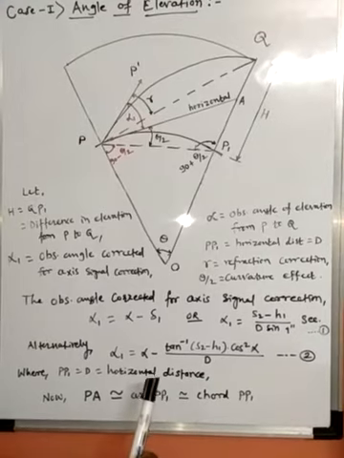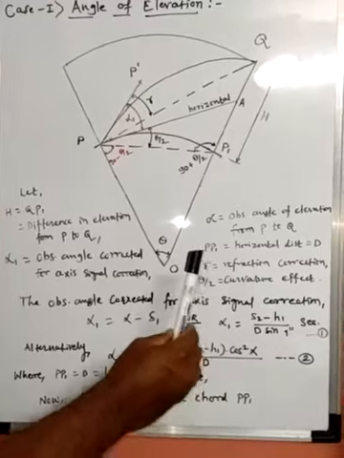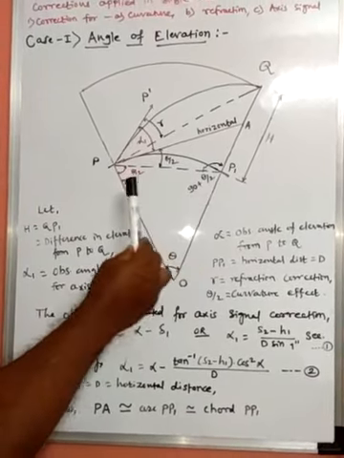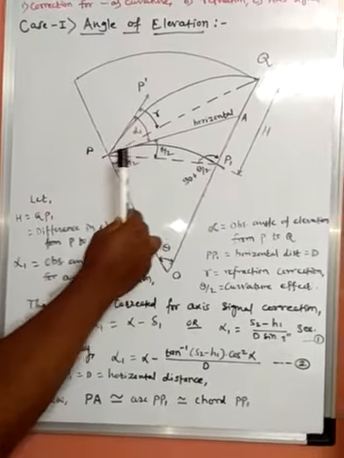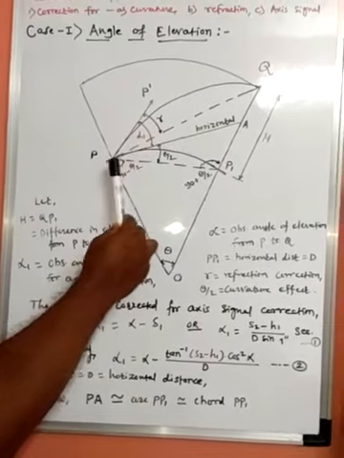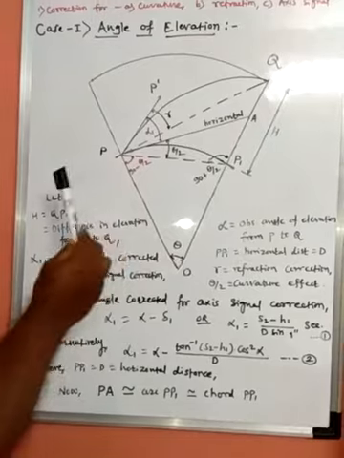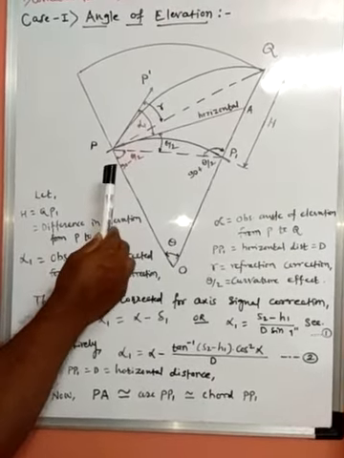Here P1 is the horizontal distance. PA is the horizontal line, so it is congruent with the arc PP1, and also with the chord PP1. So arc and chord are taken as a horizontal line and considered completely as the horizontal distance d.